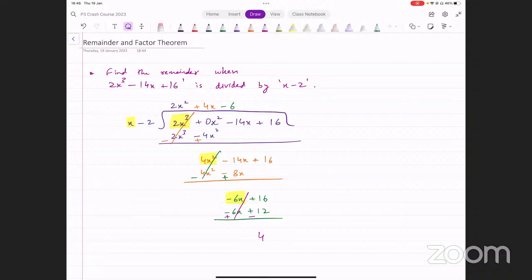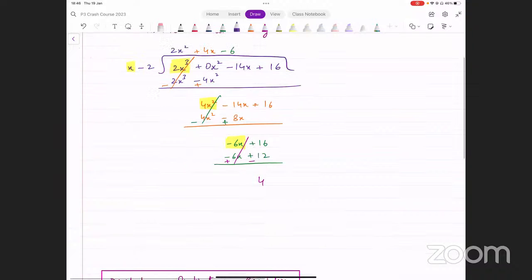Now, one way of doing this is to follow the same process that we did in the last session, that you divide by x minus 2, you follow through the whole process, and at the end, you get this thing. That is your remainder. That's one way of doing this, okay?